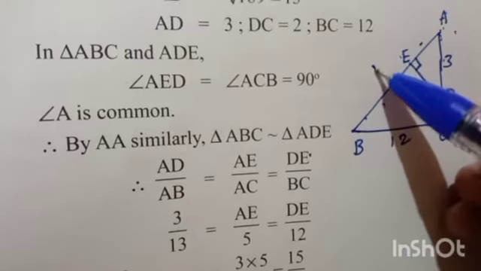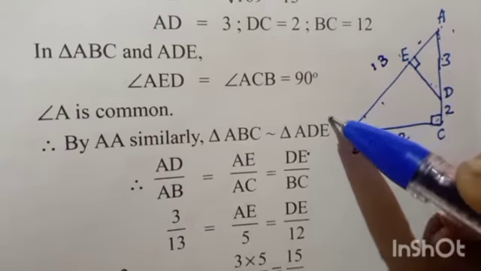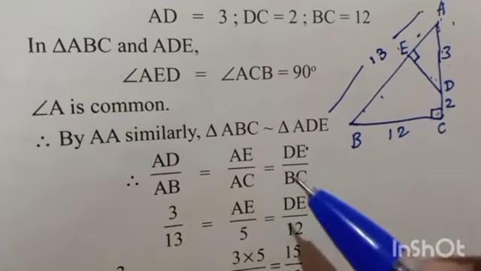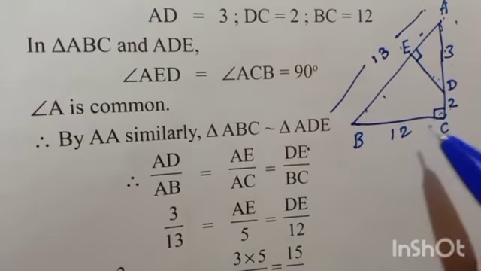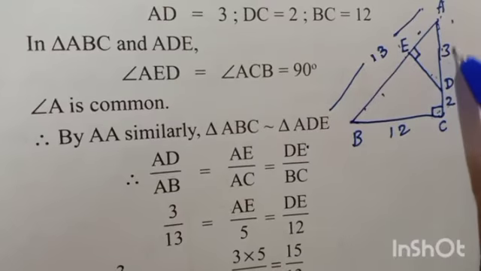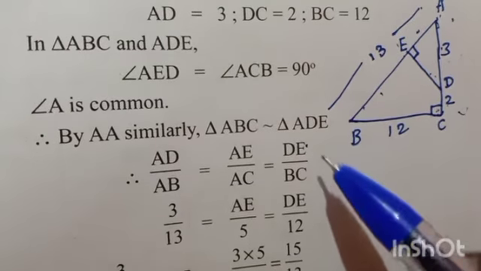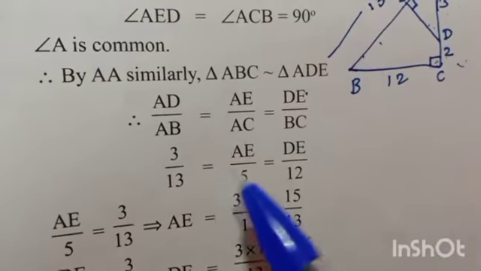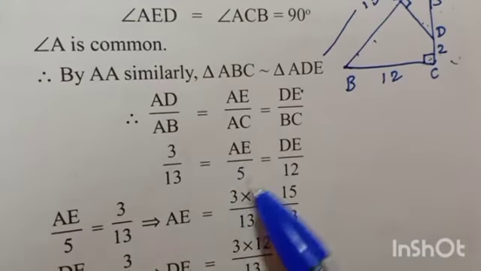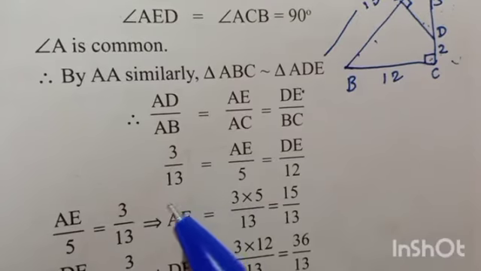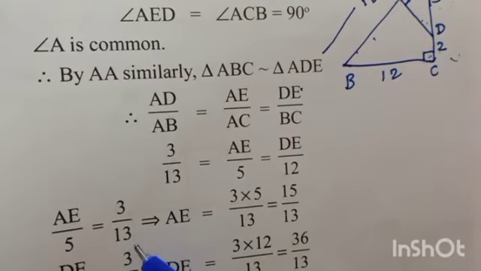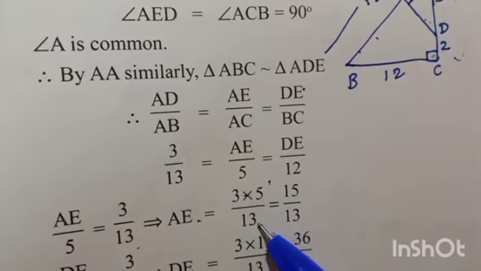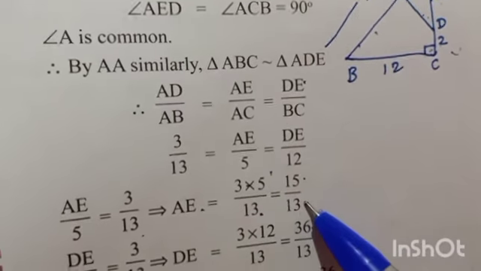So now AD value 3, AB value 13, we found. AB is 13. That is equal to AE by AC. AC is how much? This full length 3 plus 2 is 5, that is equal to DE by 12. So now you have to compare these two. First two ratios you have to consider. AE by 5 is equal to 3 by 13. So AE is equal to 3 into 5 by 13, that is 15 by 13.